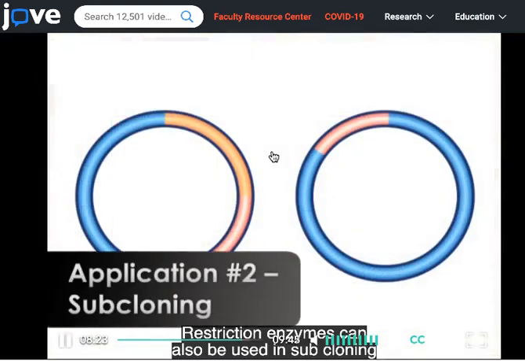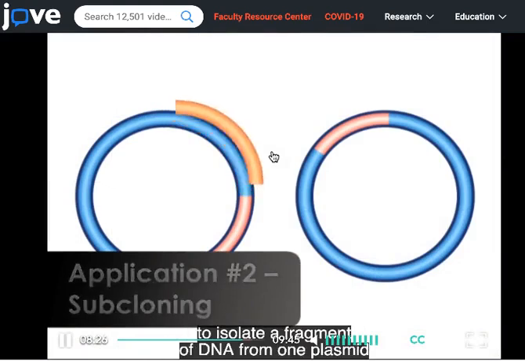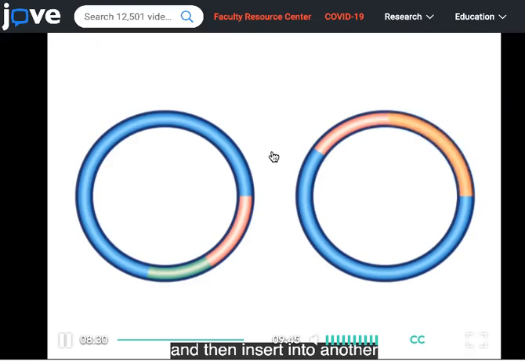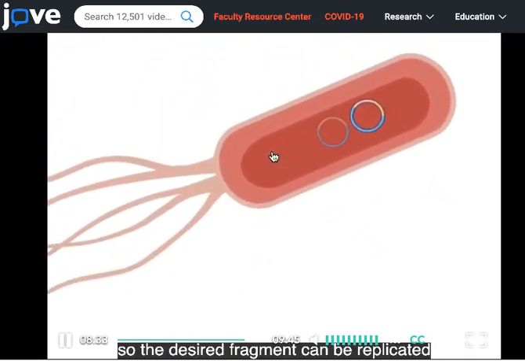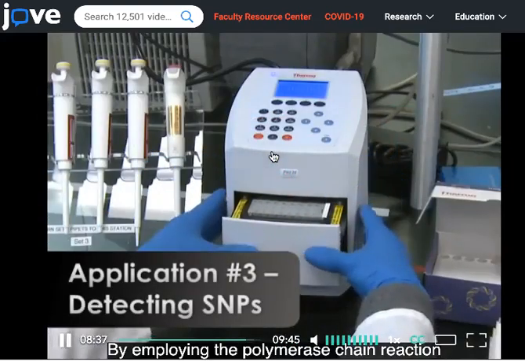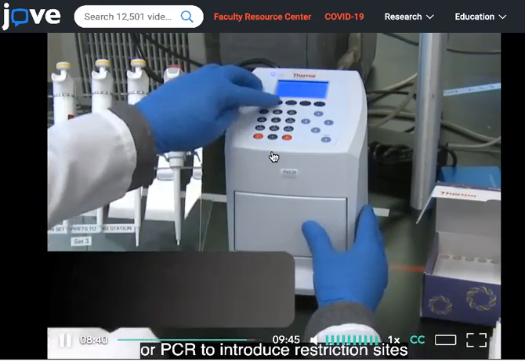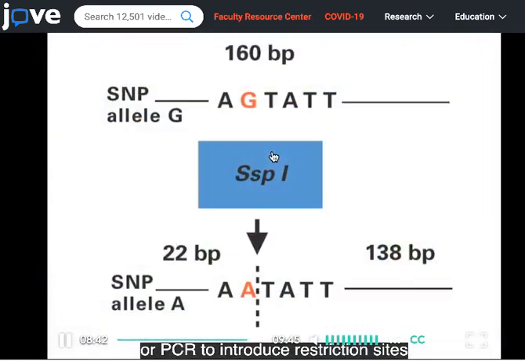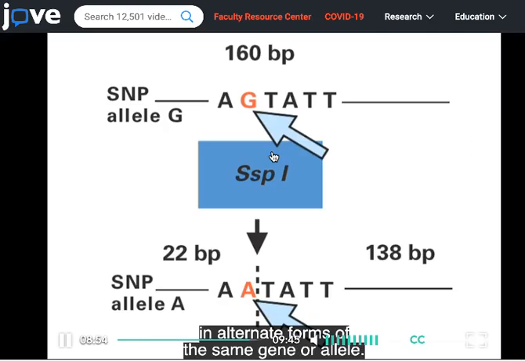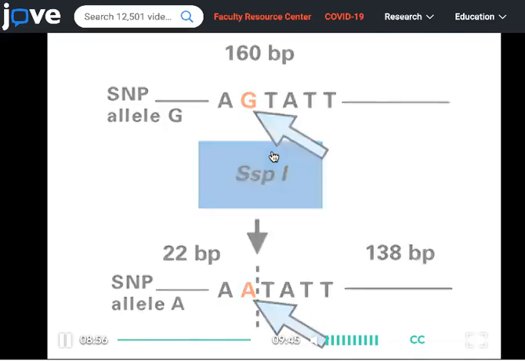Restriction enzymes can also be used in subcloning to isolate a fragment of DNA from one plasmid and then insert it into another, so the desired fragment can be replicated using bacteria. By employing the polymerase chain reaction, or PCR, to introduce restriction sites into genes at very specific locations, restriction enzymes can be used to determine the presence of single nucleotide differences in alternate forms of the same gene, or allele.